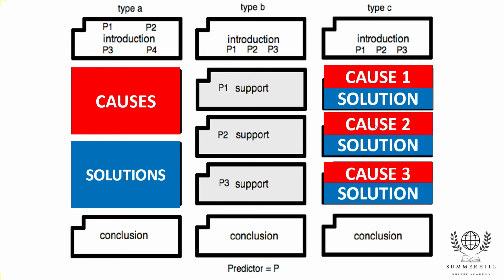In a Type C answer, we talk about 1 cause of the problem and a solution to that cause, then another cause to the problem and a solution to that cause. We could theoretically just stay with those 2 body paragraphs, but with 250 words at least, we might include another body paragraph that addresses another cause and a solution to that 3rd cause.